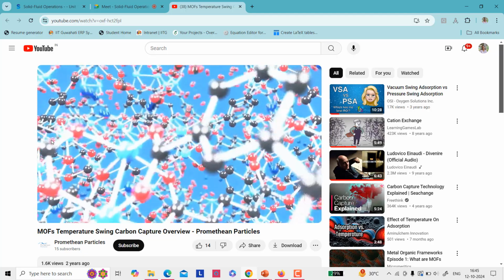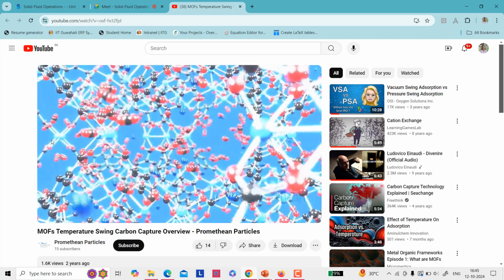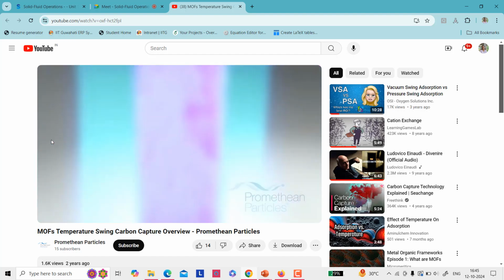So the CO2 is adsorbed and nitrogen is out.